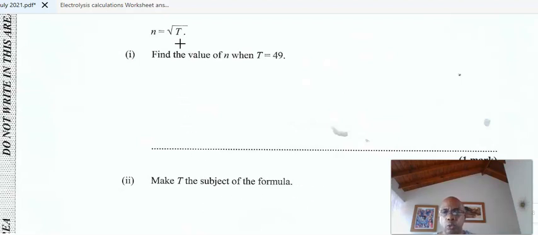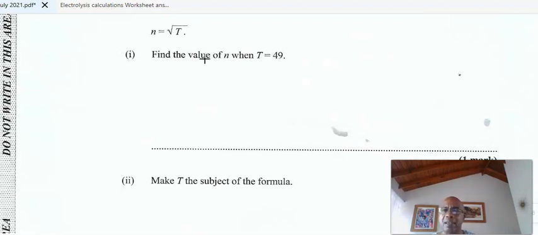All you need to do is rearrange the equation to allow T to be on one side, expressed in terms of the other unknown, which in that case is N. How do we do this? We look at the side with T and we see we have the square root of T.